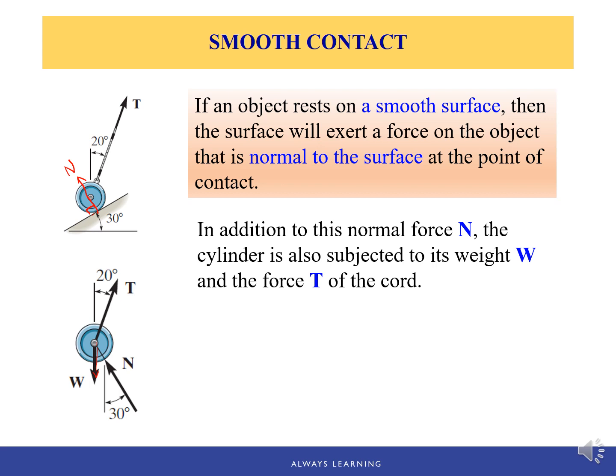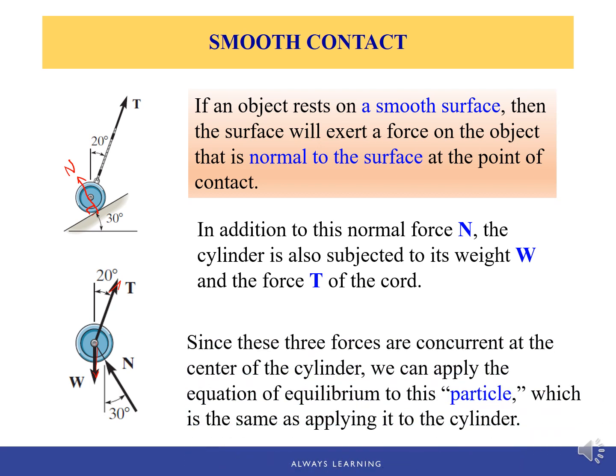And there is a cable which will pull on the cylinder through the center of the cylinder, and this force is expressed as T. So now we can see there are three external forces exerted on this cylinder: the normal force exerted by the contacting surface, the weight of the cylinder, and the tension force exerted by this cable.